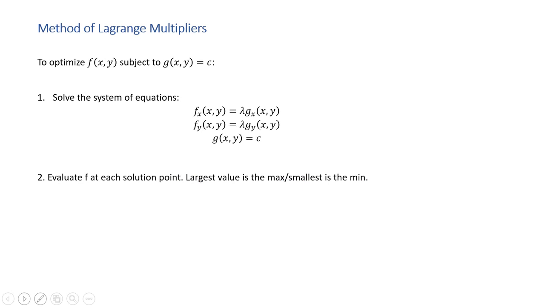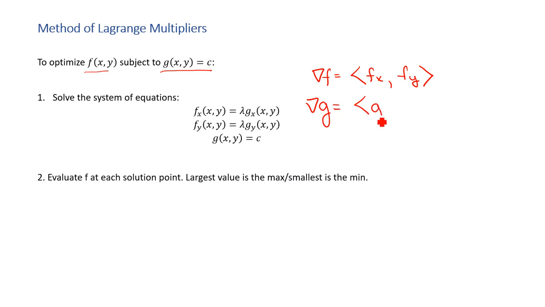So what does that mean in terms of using a method to solve these problems? If we want to optimize a function f with the constraint g = c, we can set up the following system of equations. The gradient of f is the vector with its partial with respect to x and partial with respect to y. The gradient of our constraint is the vector of the partial of g with respect to x and the partial of g with respect to y.